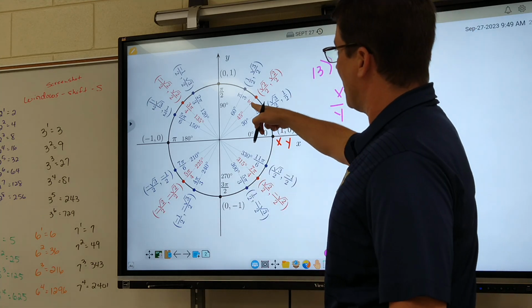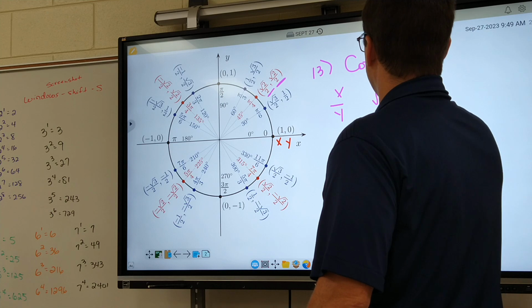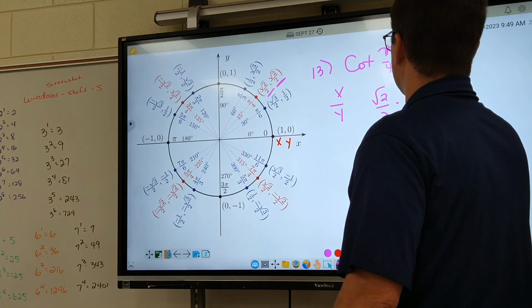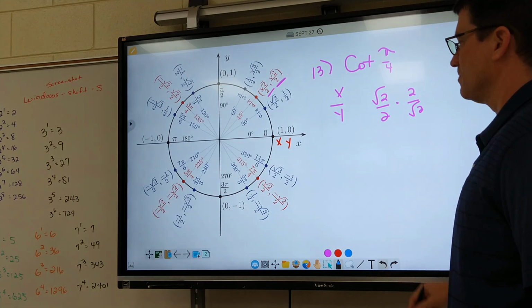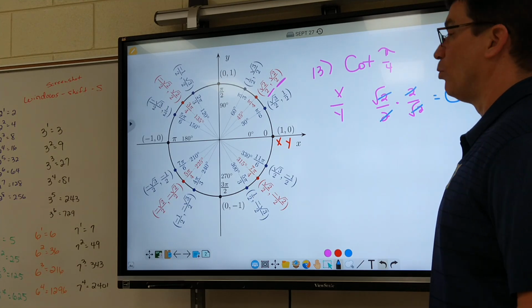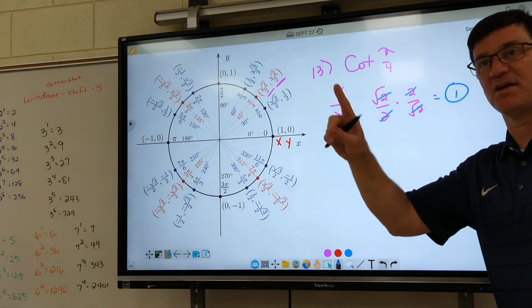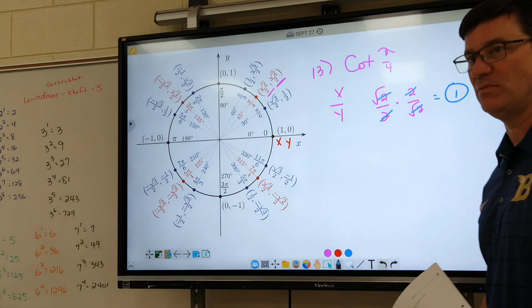Pi over 4, guys, this is going to be easy. Look, when they're the same thing, you write the x down first. Got to flip my y. What cancels out on this one? When everything cancels out, what's your answer? 1. It's 1 when everything cancels. Now you know. All right, that's what you have to show me on each problem.